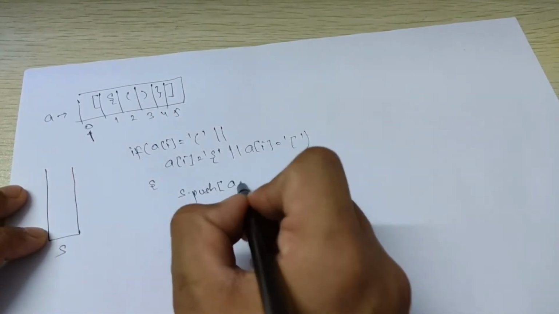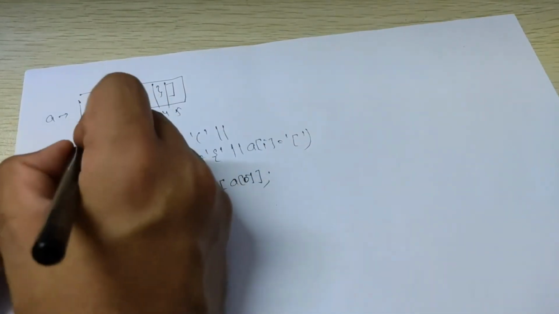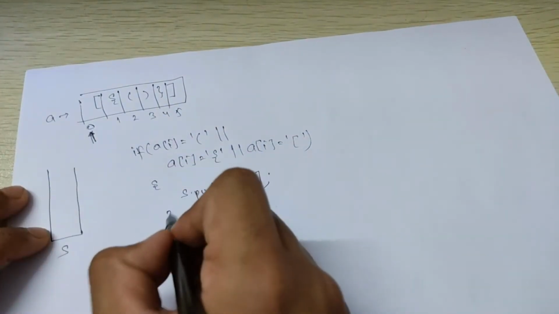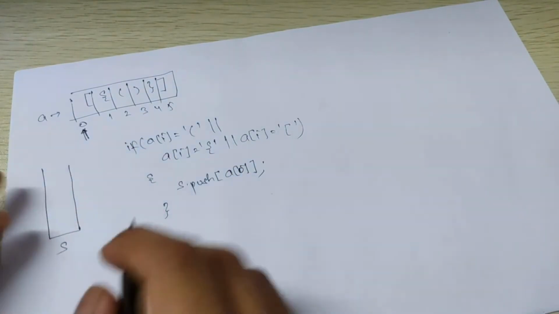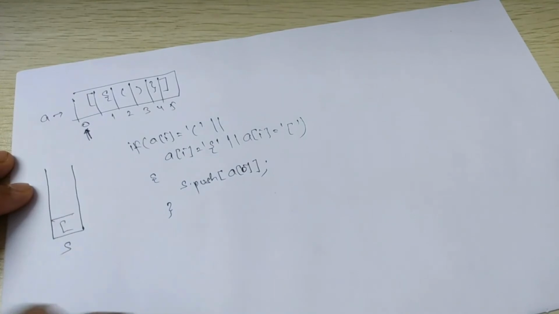Then you push A of I, A of 0, because this has to be done only one time. Okay, so this is the first step.